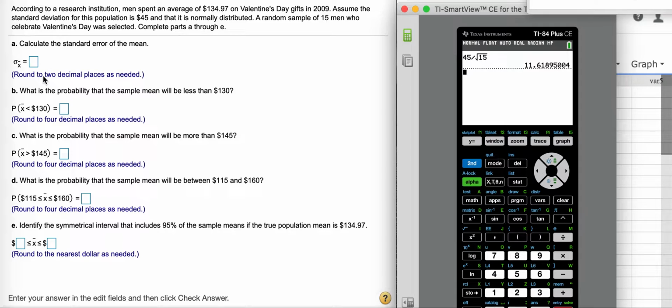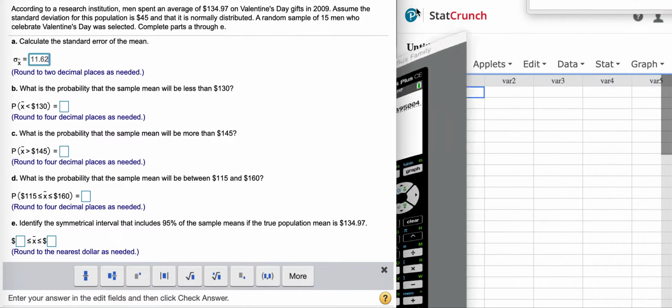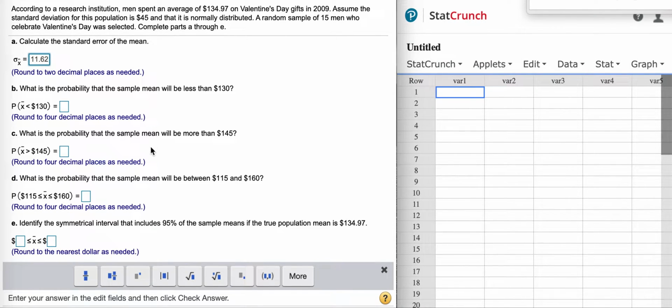So to 2 decimal places, the standard error is going to be 11.62. So that'd be $11.62. I'm going to use this now as my standard deviation for the sampling distribution for X bar, which will be used in calculating the probabilities down here for the sample mean being less than or greater than.